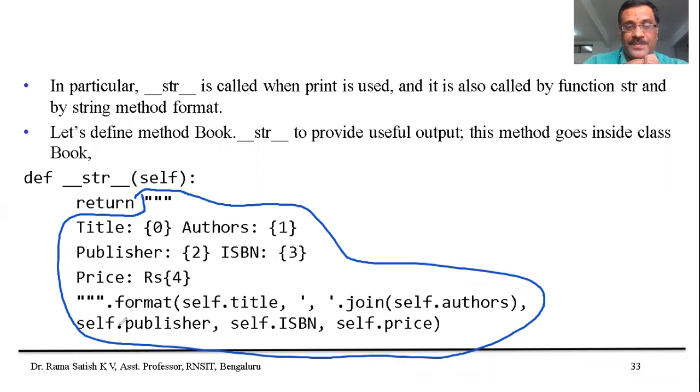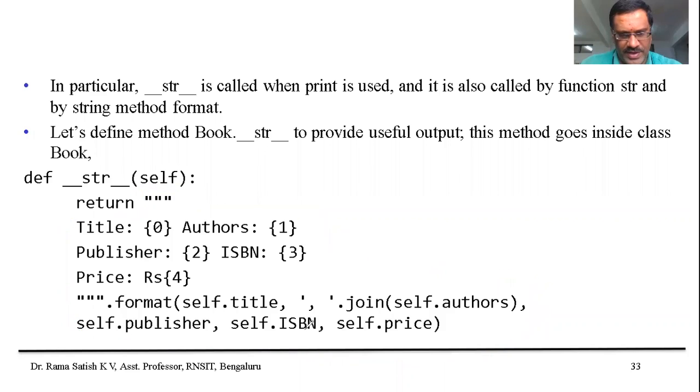So remember, format is used when you are using __str__, and in __repr__ we use the percentage formatted string itself. Okay, we'll take another example of book, where we have just seen how exactly it is working.